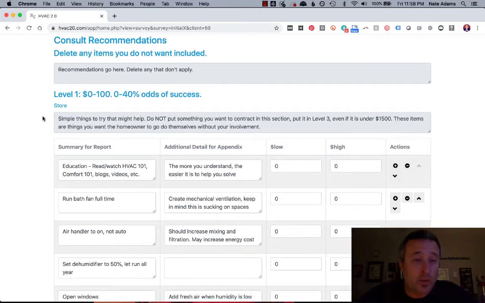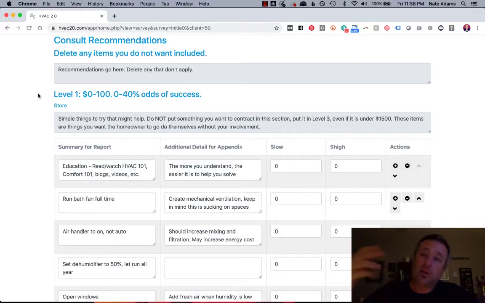Okay, now we get into the recommendations, and there are 4 levels. So level 1 is cheap stuff and low odds of success. Level 1 and 2, the main purpose of them is to basically wear people out. So a lot of clients are going to be like, well, I want to try this, this, and this. Give them suggestions that don't involve your help, and let them go try stuff.